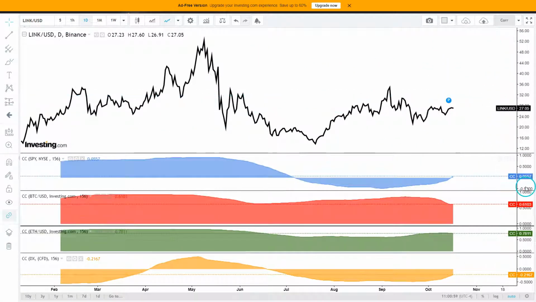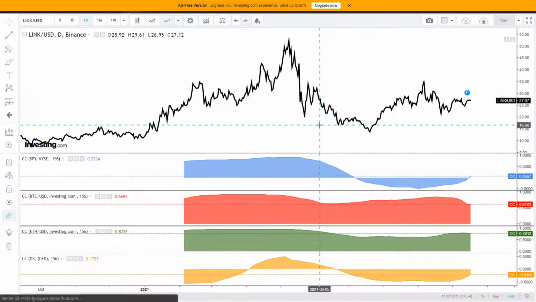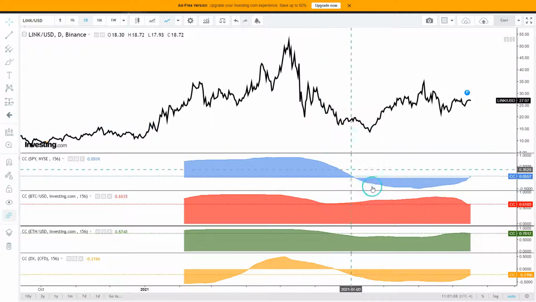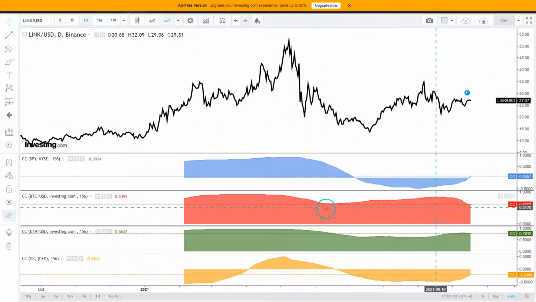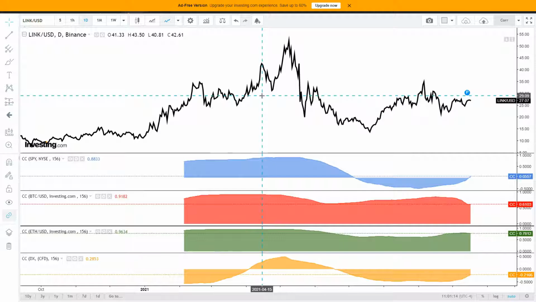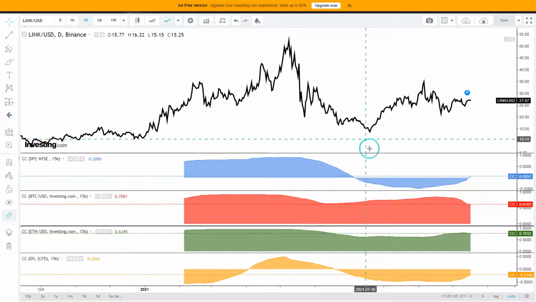On the daily data points, however, we do have a very weak 6% positive correlation with the S&P 500, almost no correlation. 61% positive with Bitcoin, so that's a bit stronger. 61 is strong, but not very strong. But we do have a much stronger correlation here with Ethereum at 78%, so that is quite strong. What happens with Ethereum is very likely going to have an impact on Chainlink. And with the dollar index, we have a minus 22% negative correlation.